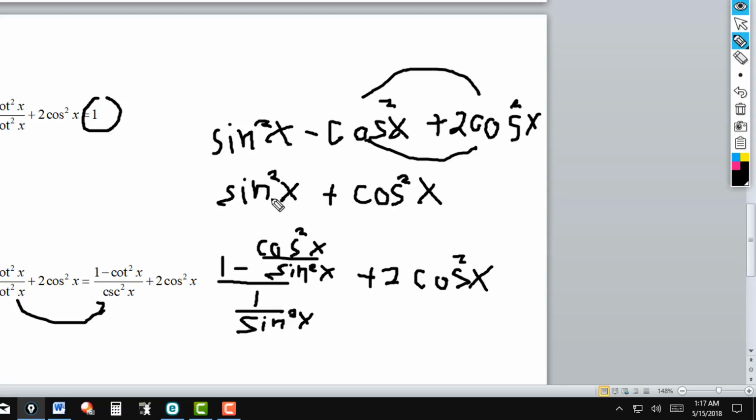But we know this is one of our Pythagorean identities. Sine squared of an angle plus cosine squared of the same angle is always equal to 1. So that proves or verifies that identity.